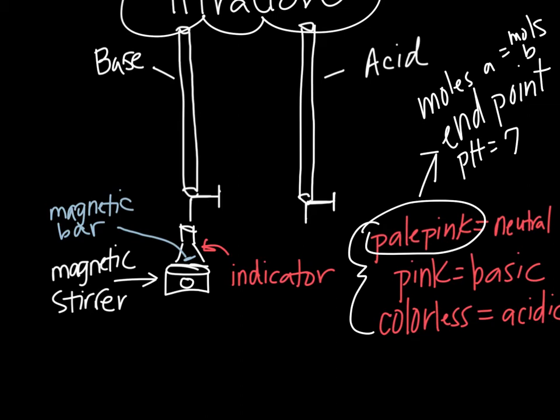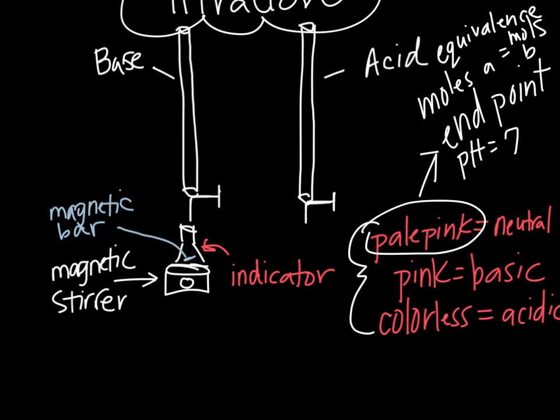This end point is sometimes also referred to as the equivalence point. The equivalence point, where moles of acid equals moles of base. That's when we know that we have equal amounts of H+ and OH-.